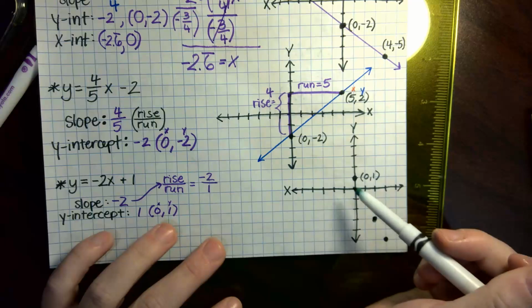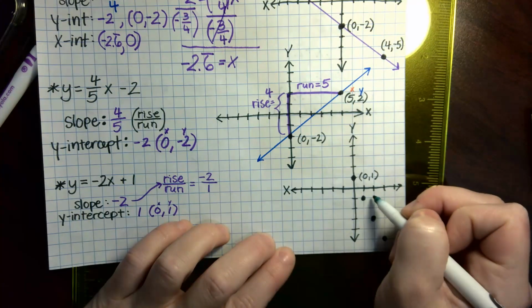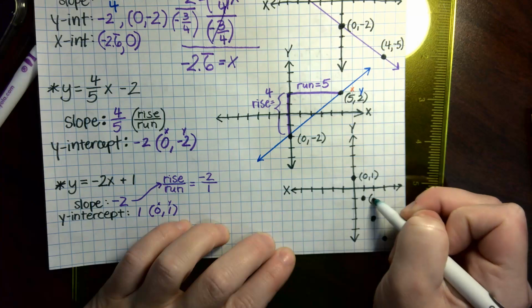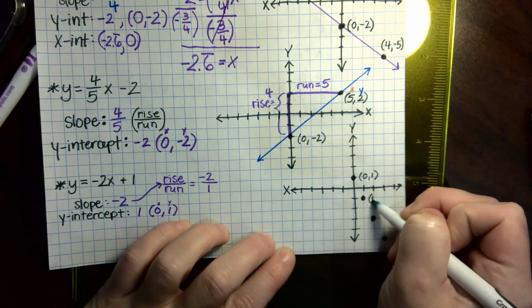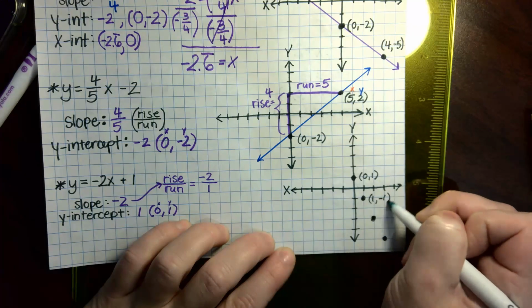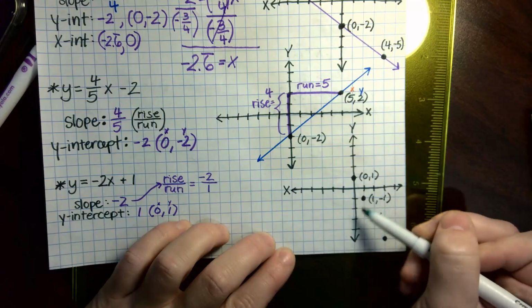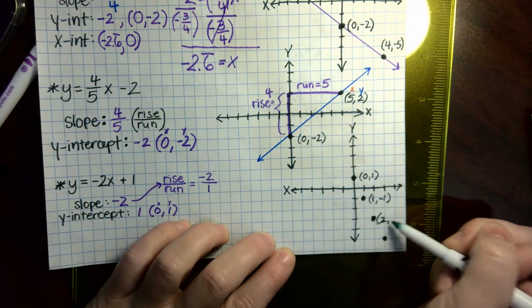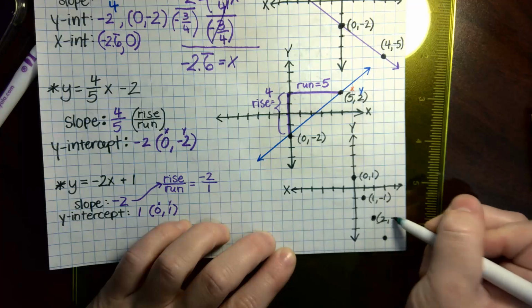So we've got a bunch of points. Let's just label at least one other point. I don't care which one. We could do this one, which would be x is 1, y is -1. If you wanted to label this one, you could. It would be x is 2, y is -3.